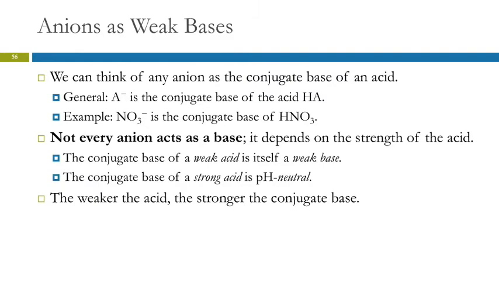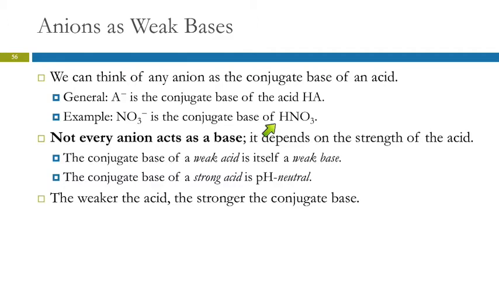Okay, so let's look at anions. We can think of any anion as being the conjugate base of an acid, right? Because if you've got an anion and you stick a hydrogen ion on it, you've got an acid. So in general, A minus is going to be the conjugate base of the acid HA. Okay with that? So nitrate ion is the conjugate base of nitric acid. Sulfate ion would be the conjugate base of sulfuric acid.